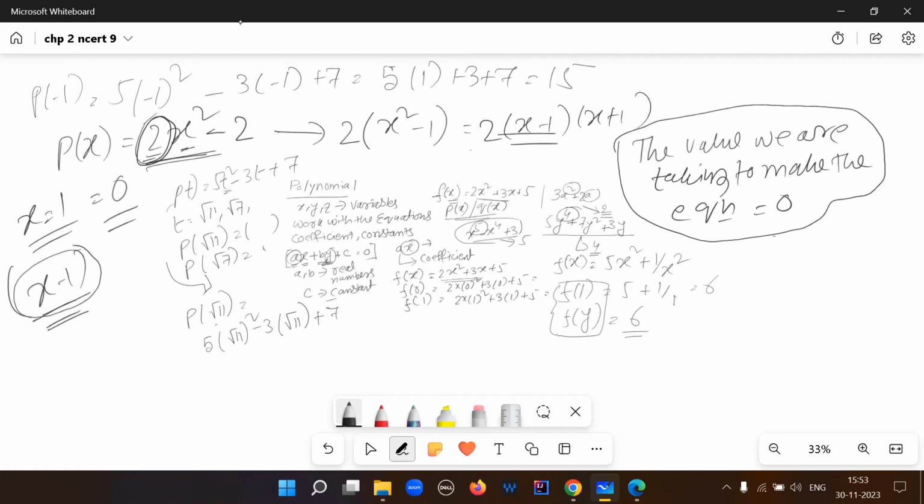If any equation doesn't get 0, meaning if I am putting values into an equation, if x equals some ax square plus bx plus c, this is the equation.